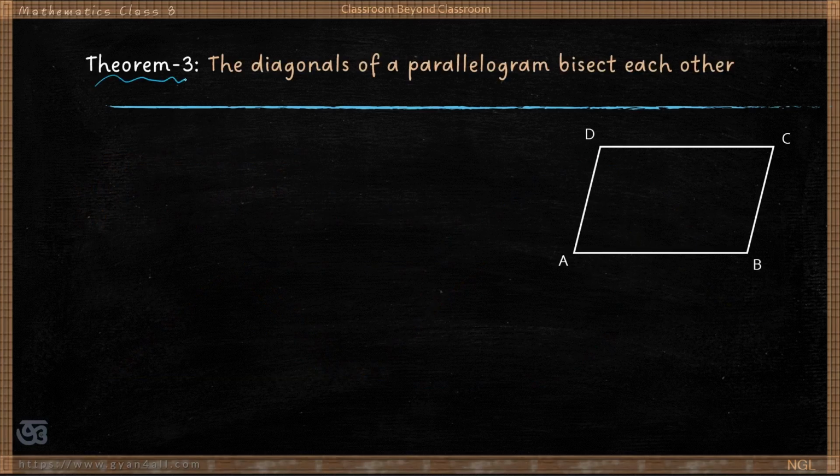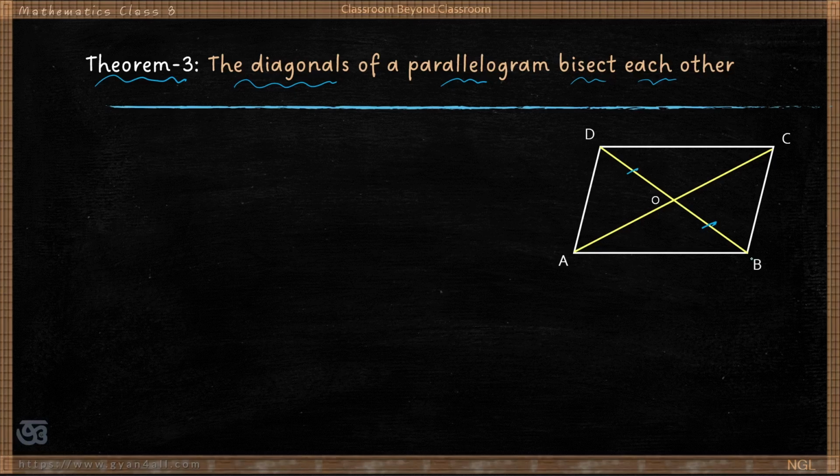Now theorem 3 is: the diagonals of a parallelogram bisect each other. ABCD is a parallelogram. If we draw two diagonals BD and AC, they will cut at a point, say O. Then we have to prove that OD is equal to OB.